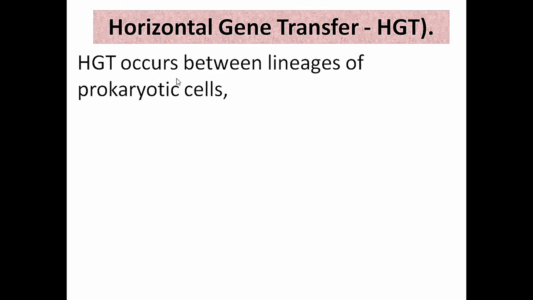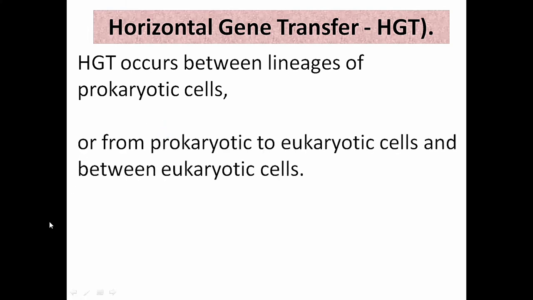Horizontal gene transfer occurs between prokaryotic cells. We have learned about horizontal gene transfer between bacterial cells in 11th standard: conjugation, transduction, transformation. Horizontal gene transfer also can occur from prokaryotic to eukaryotic cells and between eukaryotic cells.